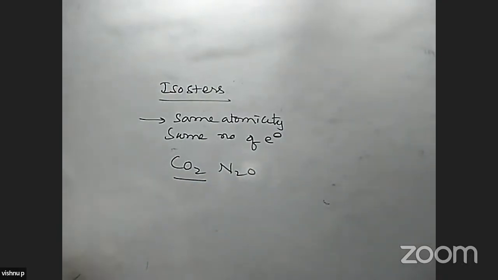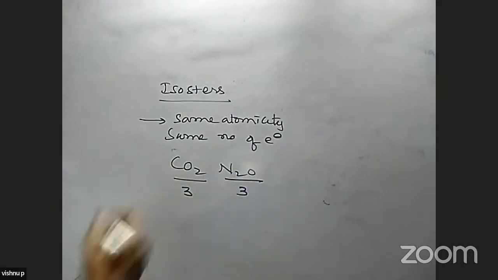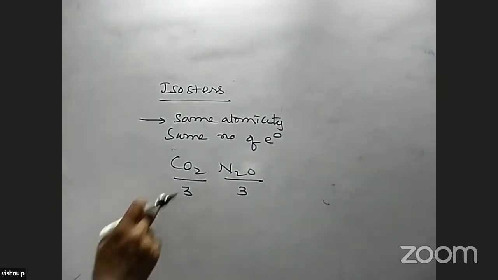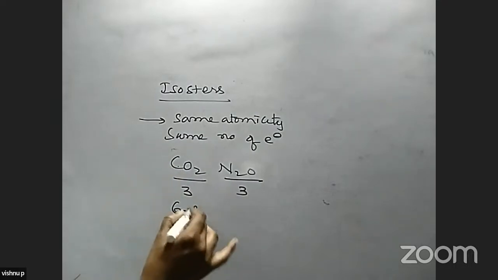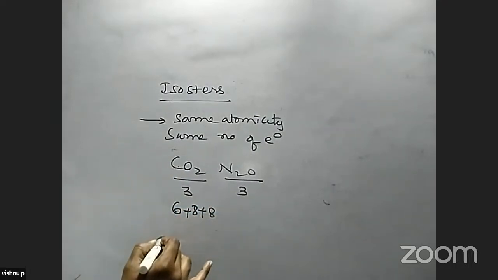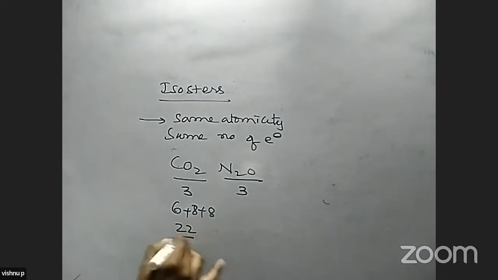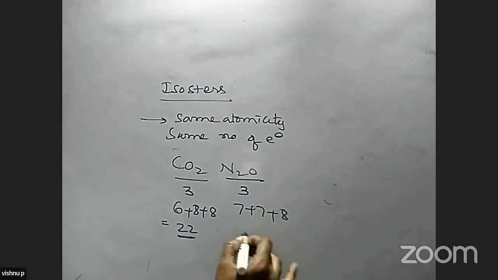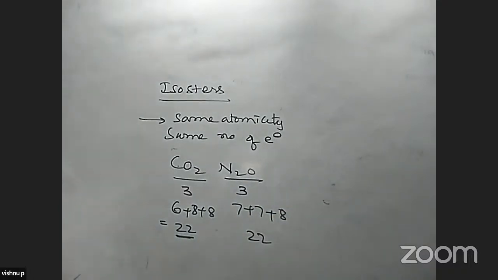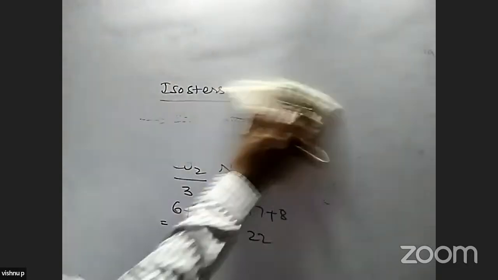In CO2, three atoms are present, and in N2O also three atoms are present. In CO2, the total number of electrons: carbon contains 6, oxygen 8 plus 8, so 22 electrons. In N2O, nitrogen 7 plus 7 plus 8 equals again 22 electrons. These are called isosteres. And next is isoelectronic ions.